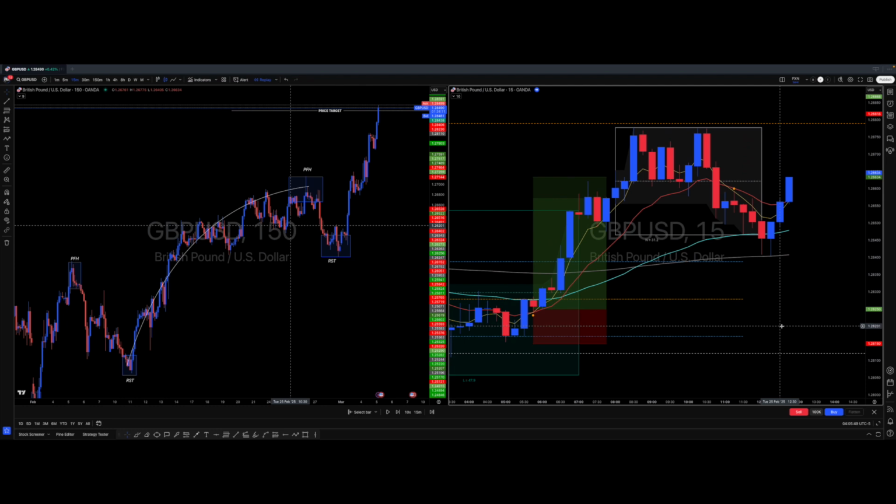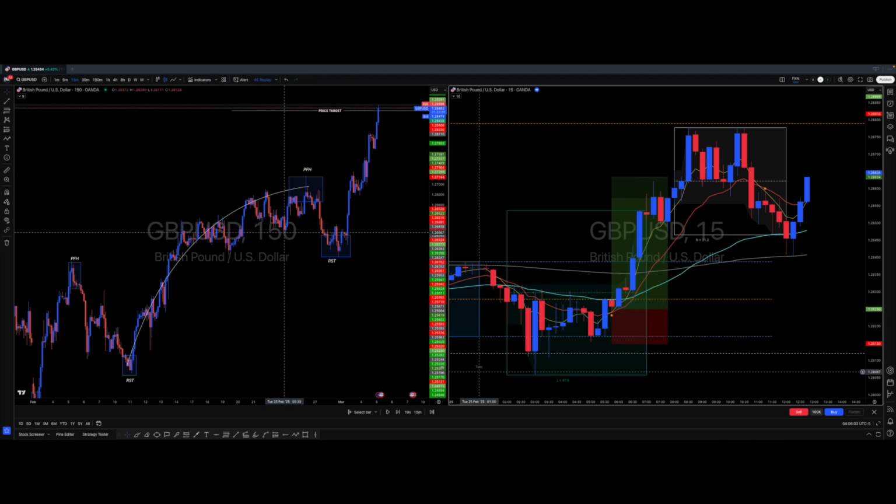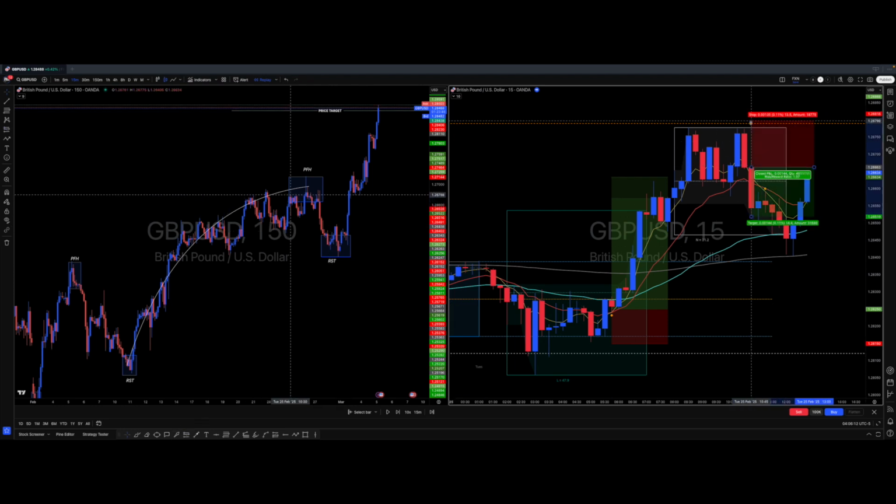Okay, now going into the US session, some of you might have looked at this as an opportunity for a possible reversal. Again, during the US session, you can trade reversals against a bias. It's perfectly fine. Now, the thing about this reversal, though, is that if you're going back to the 50 EMA, I don't think you're going to have enough for a reversal, because you're not going to get a 2 to 1 to the 50, which you don't.